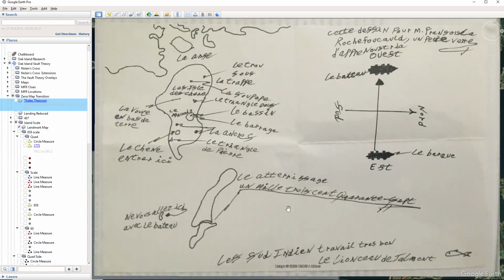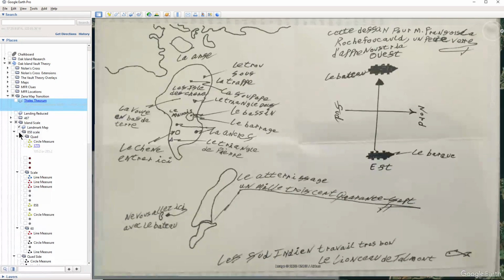It's highly interpretive, but when you do the geometry, it just becomes beyond coincidence. So today I'm going to show you how you transfer from the quad side of the map to the island side without overlaying on Google Earth. I know I'm using Google Earth, but it's the only application I have to draw lines and measure.